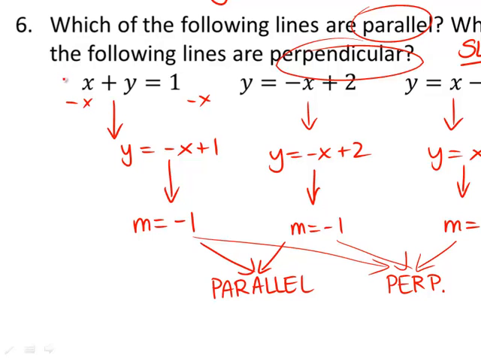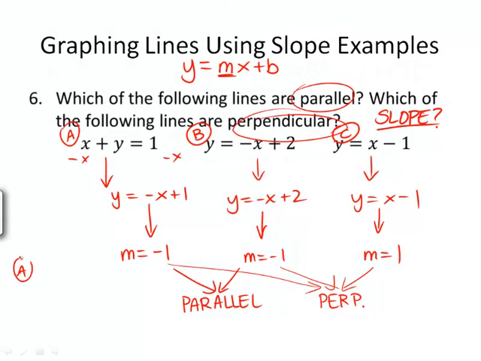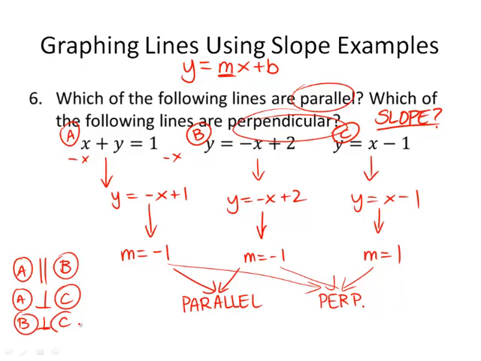So if we labeled this A, B, C, you could say that A is parallel with B, and that's all we have for parallel lines. But then A is perpendicular with C, and B is also perpendicular with C as well.